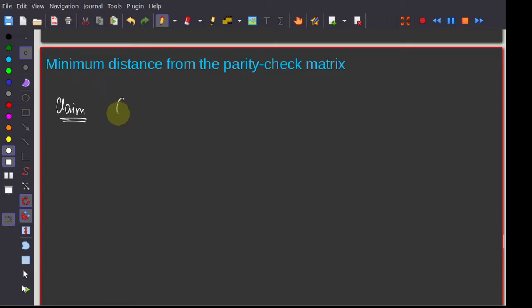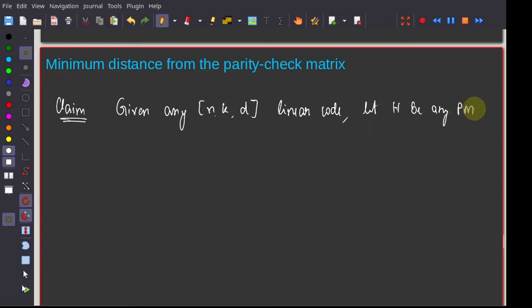Given any linear code, let us say that I have an (n, k, d) linear code, let H be any parity check matrix. So H is any parity check matrix for C.